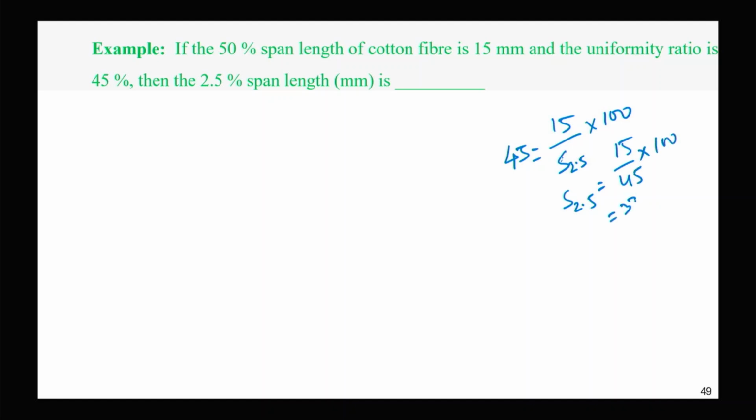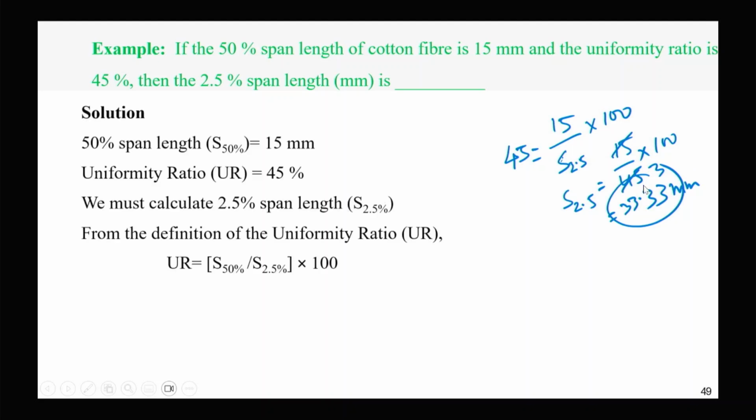So it will become 33.33, that is 1/3, 33.33 millimeter. So this will get cancelled out, 3 will be there. So 100 by 3, 33.33.